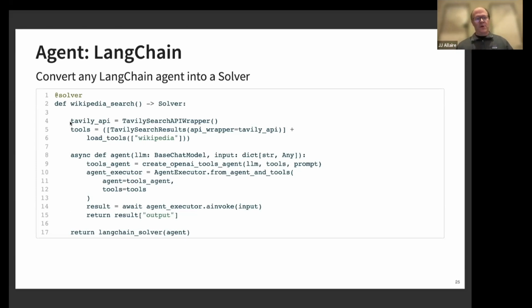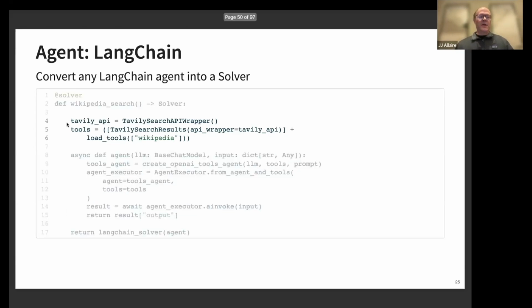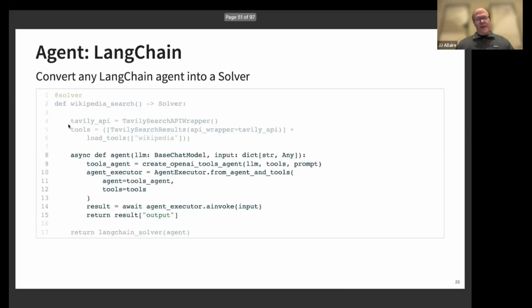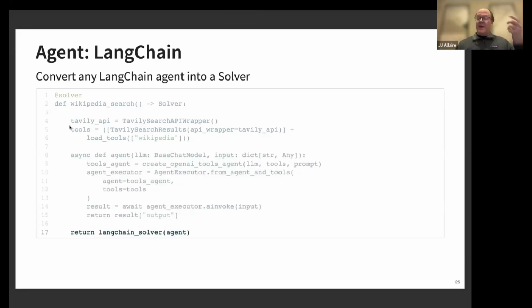This is just code that you would be writing in LangChain. It gets the Wikipedia tool and then uses the tool. And then we have this higher order function, which is actually provided as an example right now. It's in the repo that I gave you. We can take that agent, and if it conforms to the LangChain agent interface, we can just turn it into a solver.